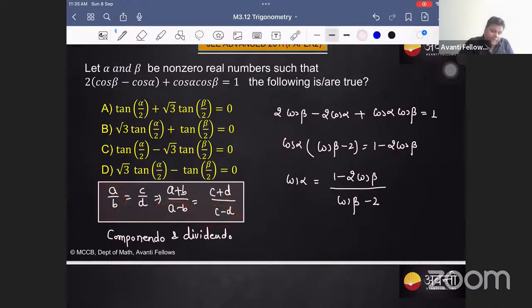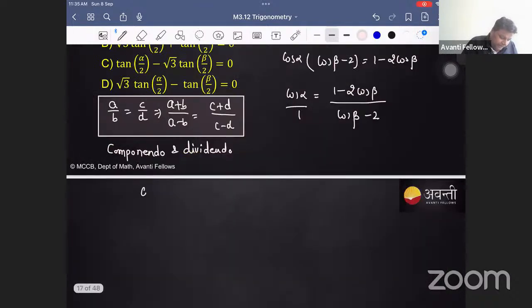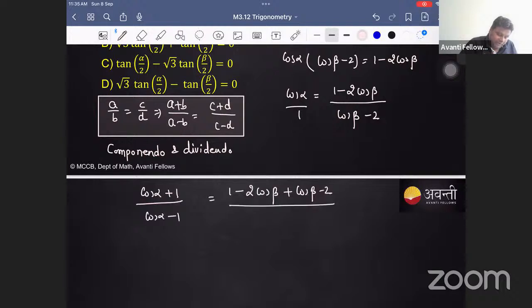Got it. Now if I use it here, see, it is 1 in the denominator. So it will be cos alpha plus 1. Right side will be 1 minus 2 cos beta plus cos beta, and on the other side, 1 minus 2 cos beta minus cos beta minus 2.